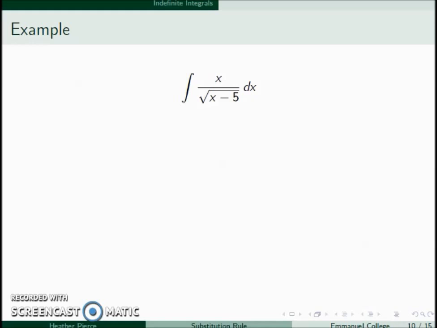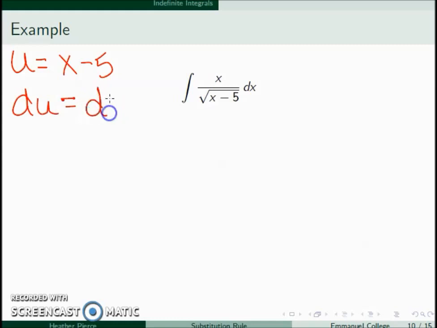Let's try this one. This one definitely looks a lot stranger, and it should. So this one's actually going to require a little bit of work. So I'm going to let u be equal to x minus 5. This means that du is just equal to dx.